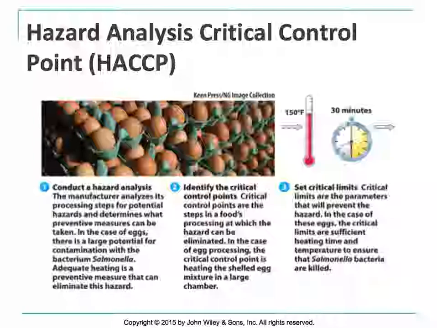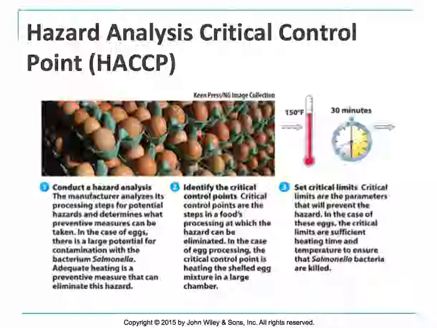With eggs, the biggest issue is a salmonella contamination, and so adequate processing in terms of heating is a preventive measure that can eliminate that hazard. So then identifying the critical control points. Okay, so we're going to heat up the eggs to make sure that they're not contaminated with salmonella. The critical control points would be how high that temperature needs to be in order to eliminate the hazard of salmonella contamination. So that temperature would be a critical control point.